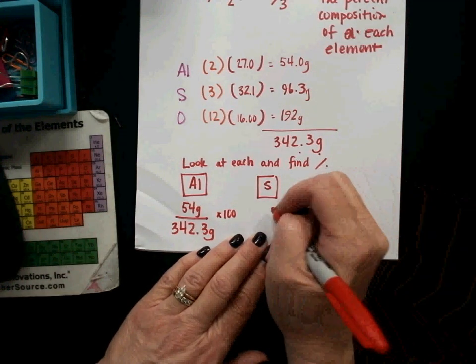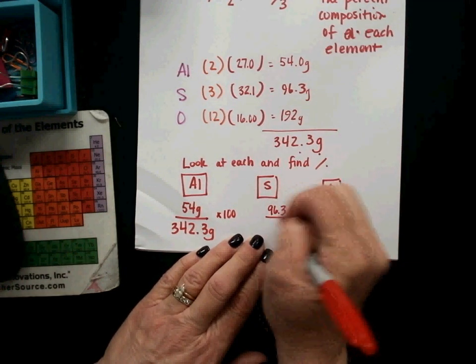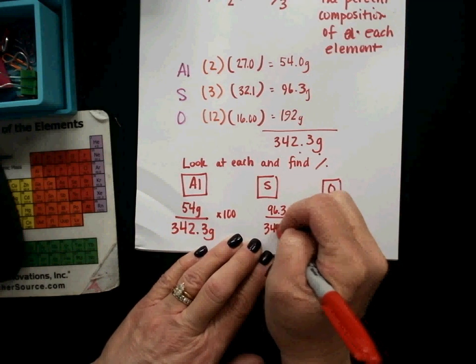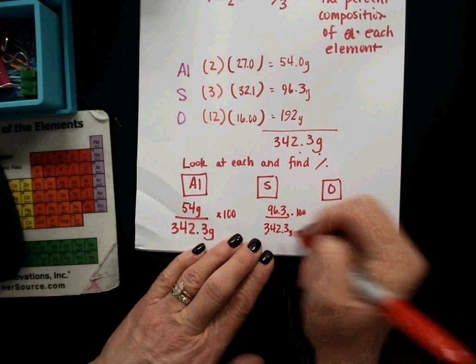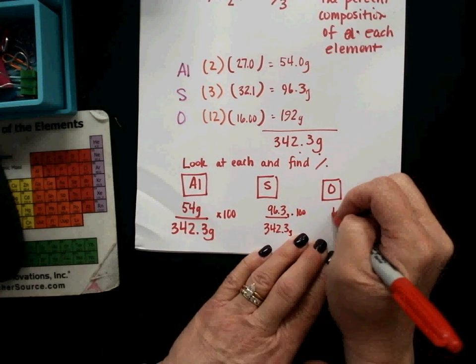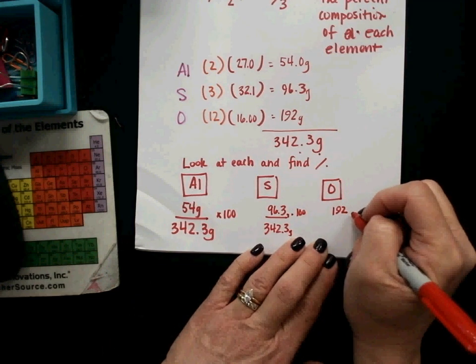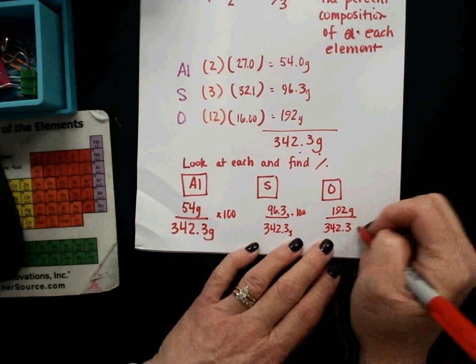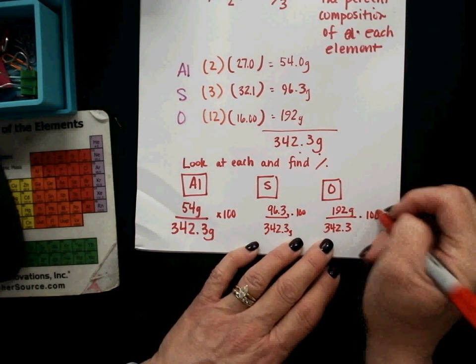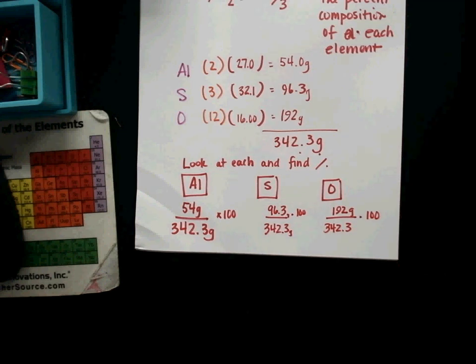My sulfur would be 96.3 over 342.3 times 100. And then my oxygen would be 192 grams over 342.3 times 100. So let's do the math and see what you get.